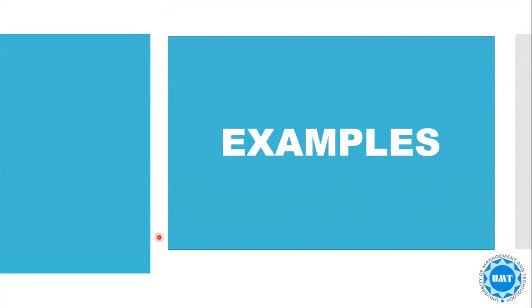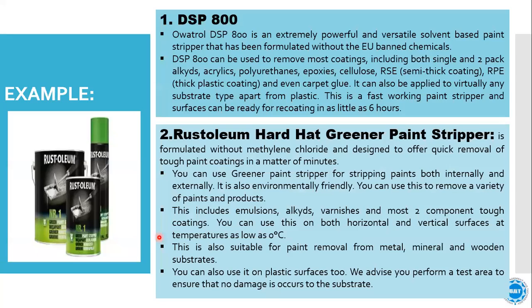So let's talk about the examples. The first one is DSP 800, and the second one is Rust-Oleum Hard Hat Greener paint stripper. DSP 800 is an extremely powerful and versatile solvent-based paint stripper that has been formulated without EU-banned chemicals.